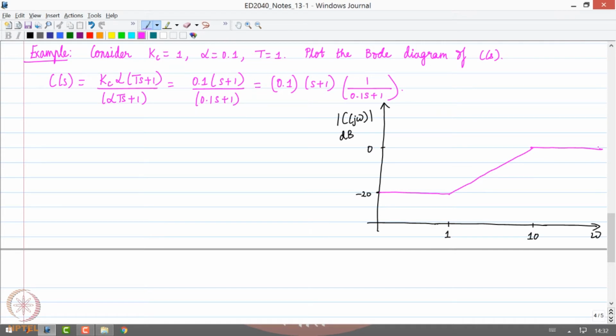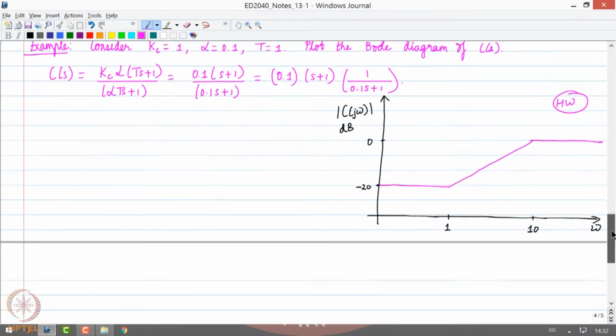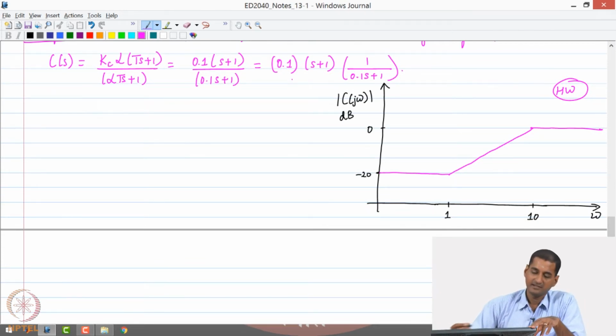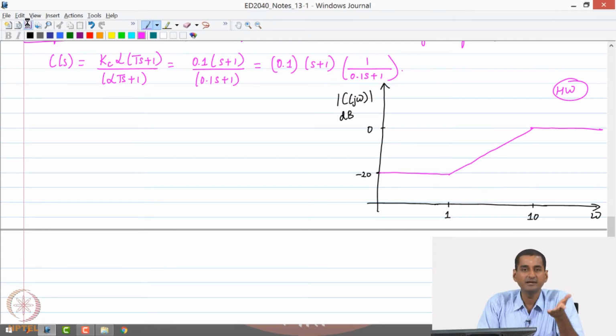That is going to be the log magnitude curve for this particular transfer function. Once again, plotting the 3 individual log magnitude curves and adding them is left as a homework assignment, but it is pretty straightforward to see that this will be the final asymptotic log magnitude plot. I am only drawing the asymptotes, not the actual magnitude plot.